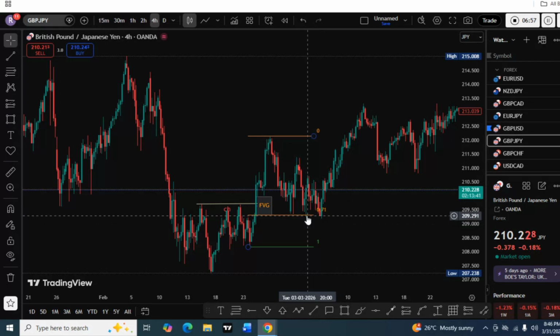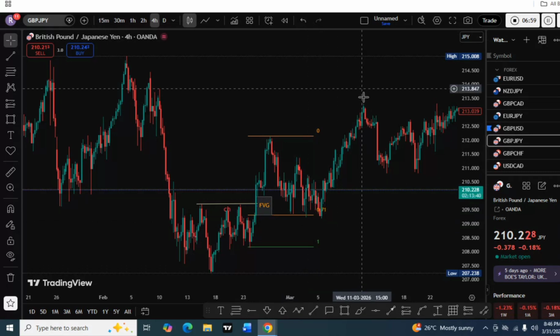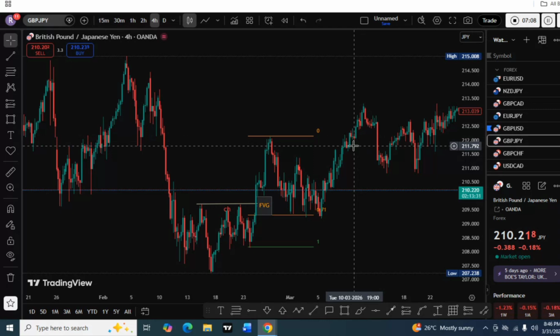So here the market was going upwards, so it needs to fill this fair value gap so that it will move upwards. Liquidity is a fuel that the market uses to move.